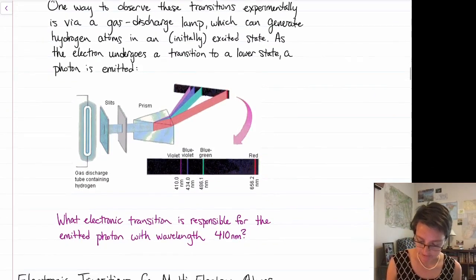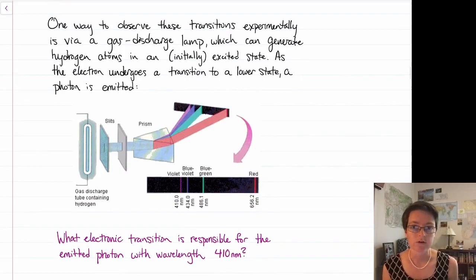Like you learned about in your general chemistry class, one way to observe these transitions experimentally is via a gas discharge lamp, in which you insert a sample of your hydrogen and pass an electric current through that sample, and that's enough to generate electrons in your hydrogen atoms in an excited state.